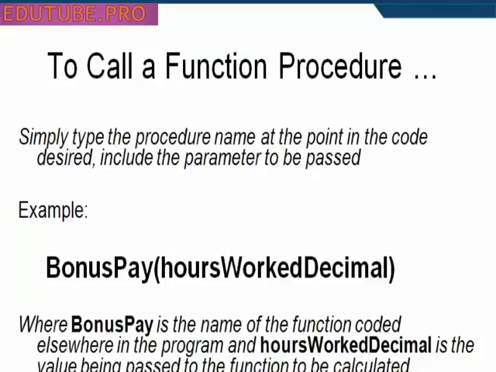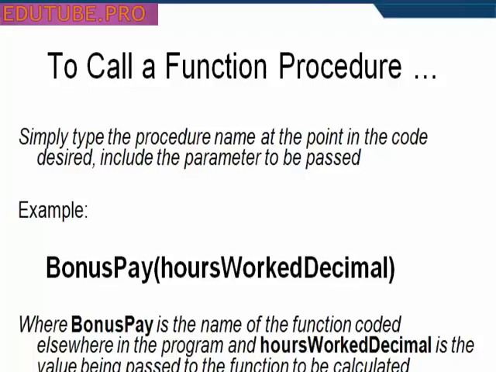And finally, when you're ready to call the function procedure, in a similar fashion to the general procedures, you simply type the procedure name at the point in the code that you wish the code to be executed. Make sure you include the parameter that is being passed. In our example, the function being called is bonus pay. The parameter being passed is hours worked decimal, which you see in parentheses.